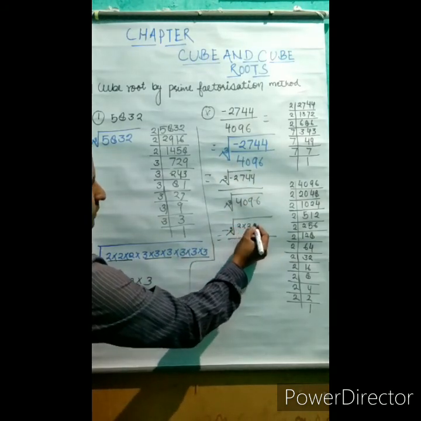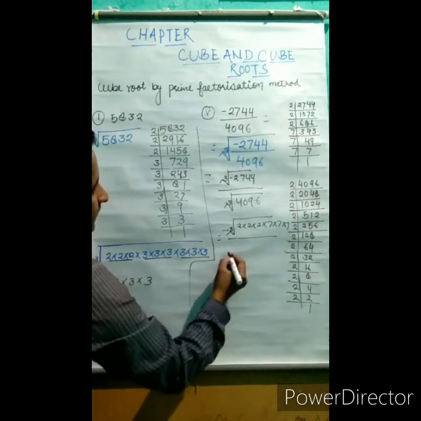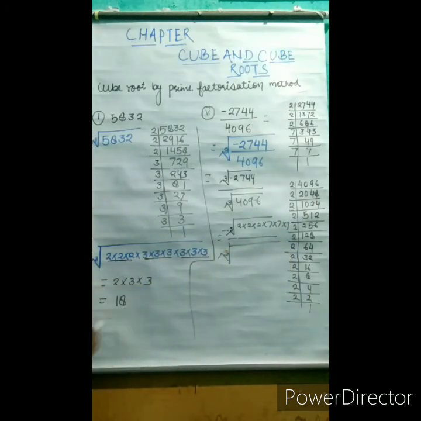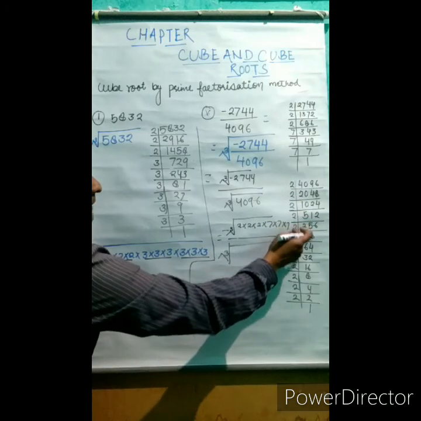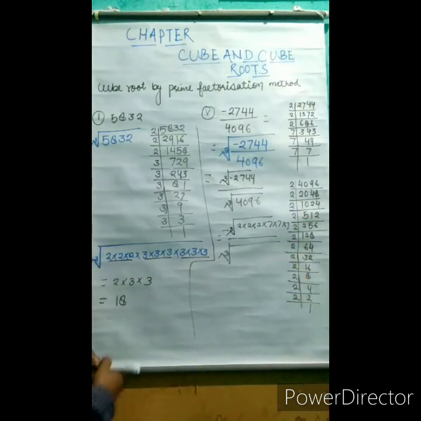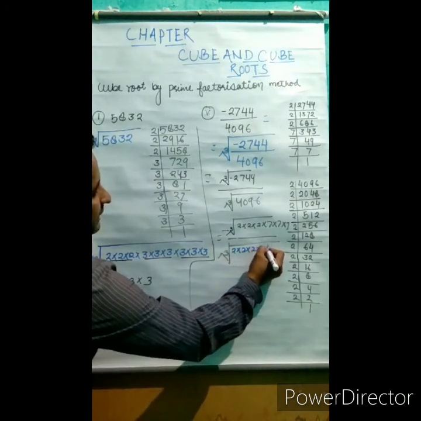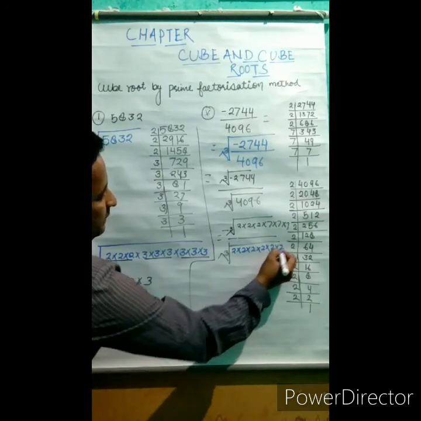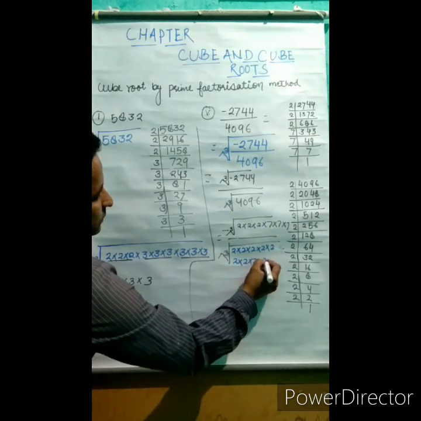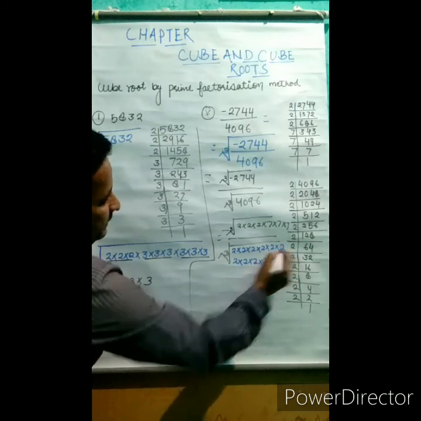2 into 2 into 2, 7 into 7 into 7, and the denominator also the same, under the cube root sign, write down the factors. 12 factors are there, so I will write down 12: 2 into 2 into 2, and so on, then 3, and then this 3.